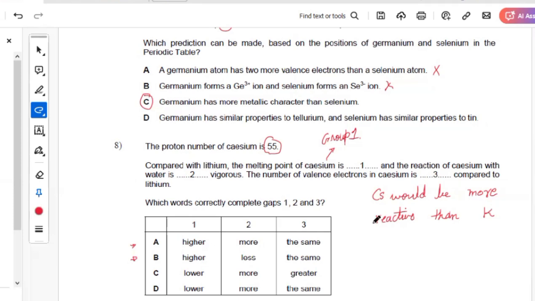So that is said to be more reactive. So this option is right, this option is right. The number of valence electrons in cesium is the same. Why is it the same? Because cesium and potassium belong to the same group, so they would have the same valence electrons. Valence electrons means the number of electrons in the outermost shell. So option A is the right one.